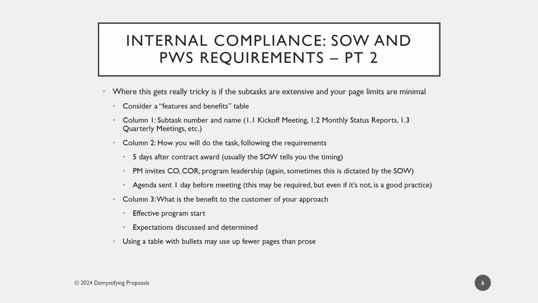Where this gets really tricky is if the subtasks are extensive and your page limits are minimal. That's a place where you might consider a features and benefits table or some other kind of table where you include the subtasks in one column, what you're going to do, the features in the second column, and then a third column that would be benefits of how you're doing the work that are benefits to the customer.